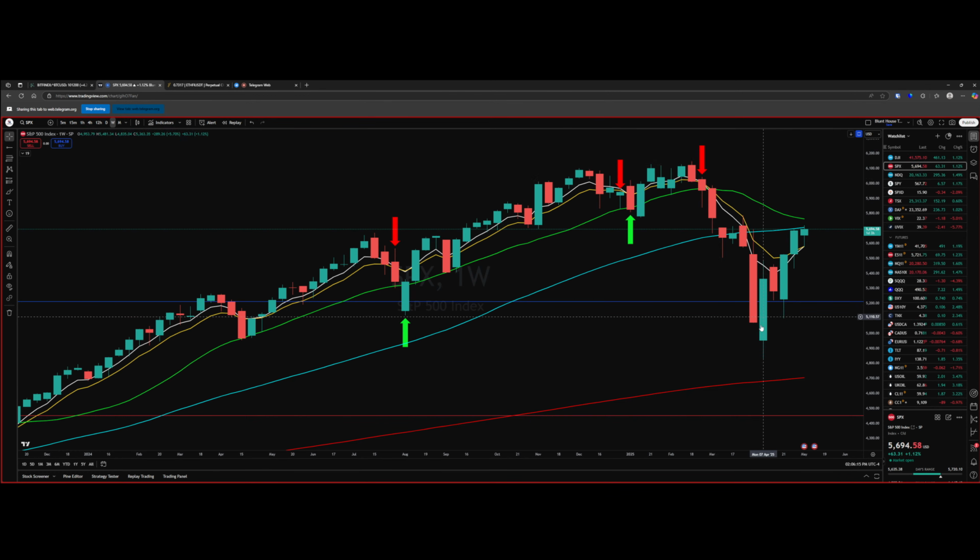Like here's this massive pullback and then basically a snapback right to the 50. Is it normal to have moves down and then snapbacks up? Sure. But these ones are just super intense.